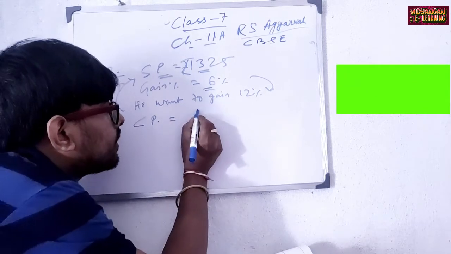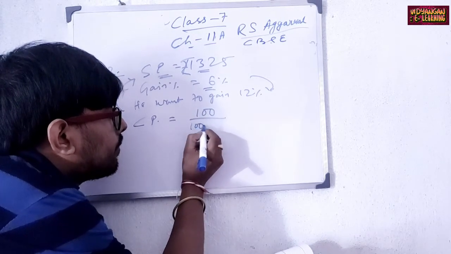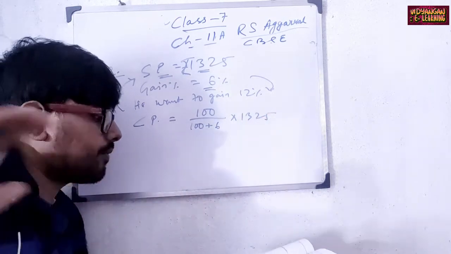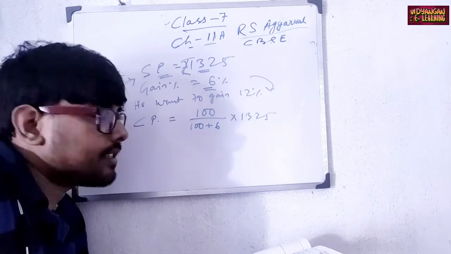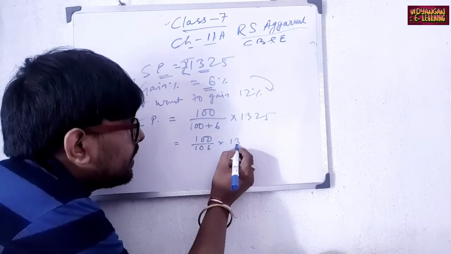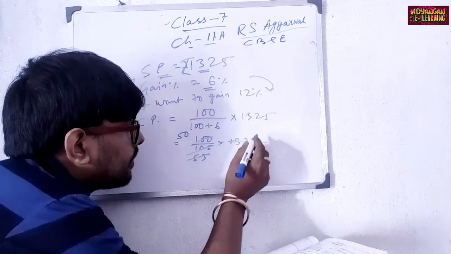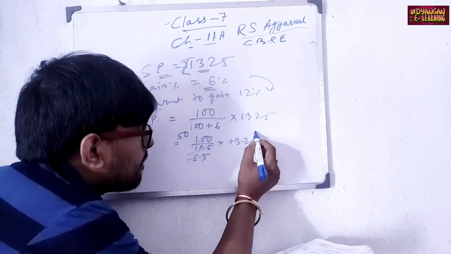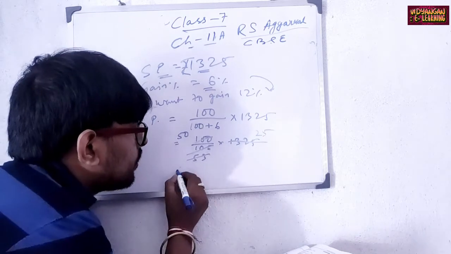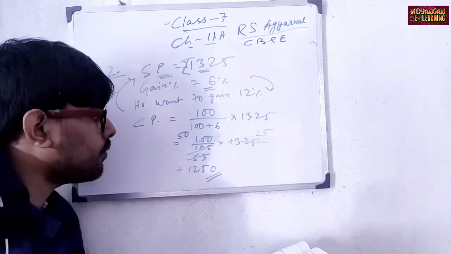Cost price is 100 by 100 plus 6 into 1,325, that is 100 by 106 into 1,325. Cancelling, we get 50 by 53. So the cost price is 1,250.